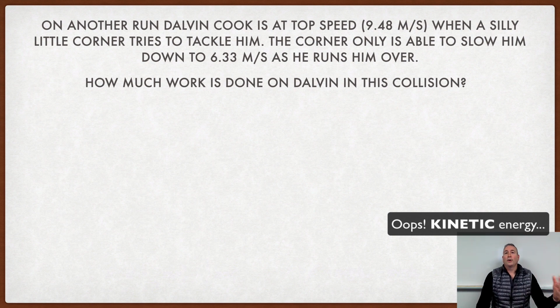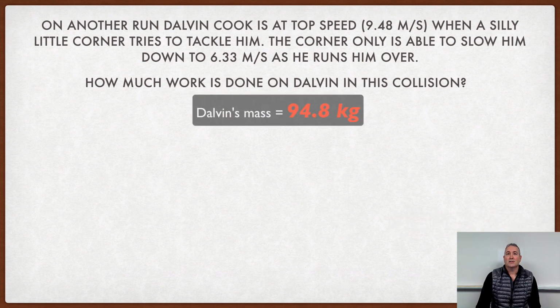So previously we saw Dalvin's mass. So now we can find the work done by the cornerback in slowing down Dalvin. We use the mass of Dalvin Cook and find his final kinetic energy, which is based on his final velocity, 6.33 meters per second, and subtract the initial kinetic energy that he has, which is based on his initial speed of 9.48 meters per second.